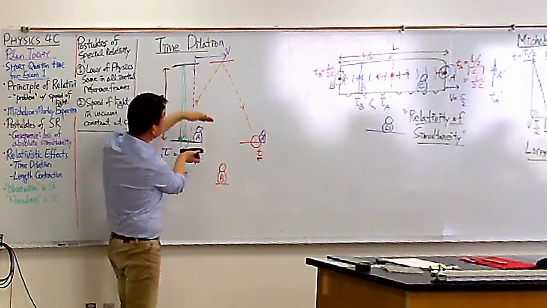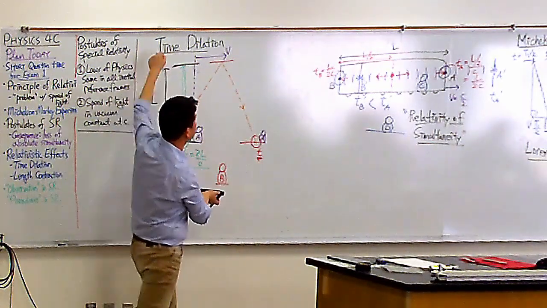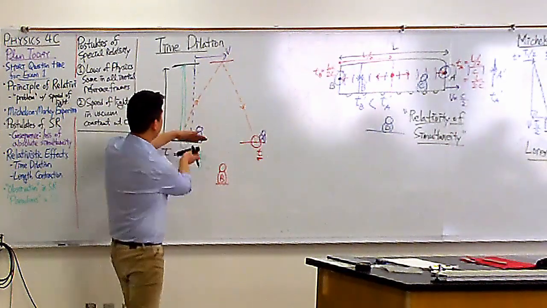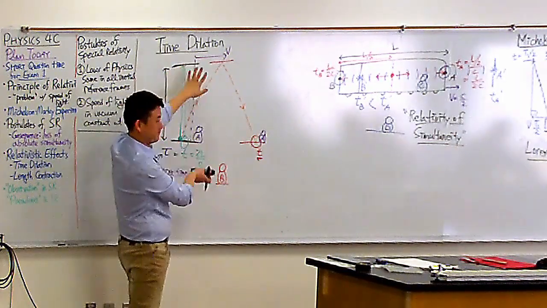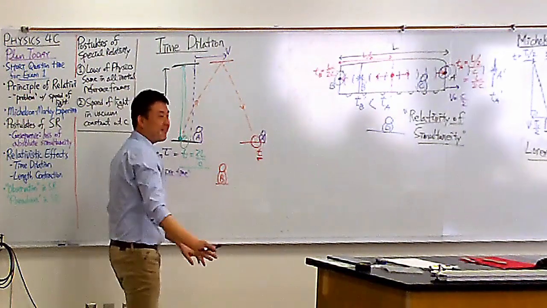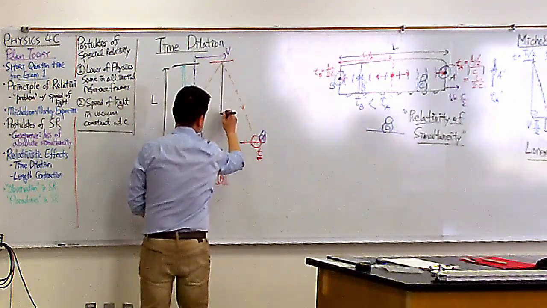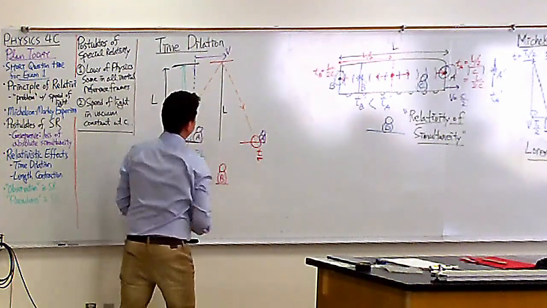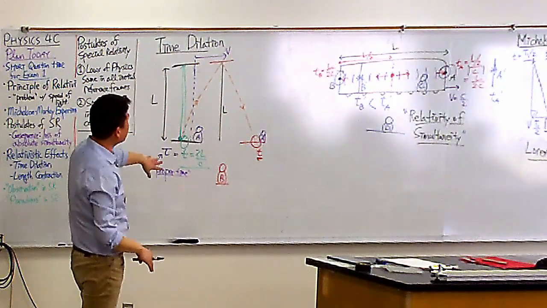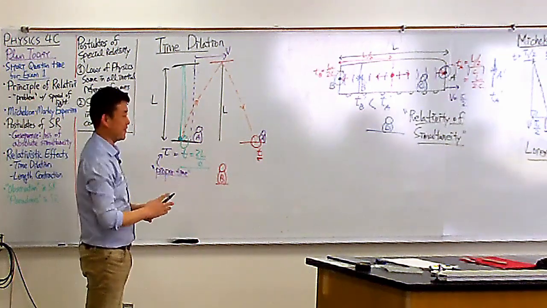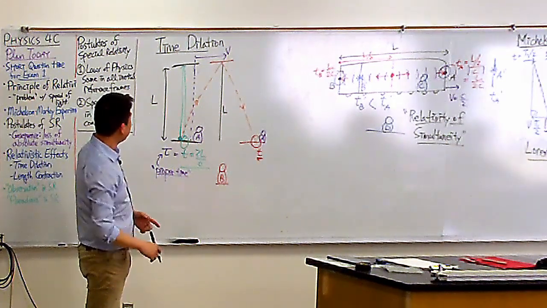It's the distance that's perpendicular to the direction of motion, and in that direction, the length is not going to change. Good? Okay, as long as you believe that, we'll move on. So this height will remain at length L. And I can come back and double check this when we have introduced Lorentz transformation. It's easier for me that way.